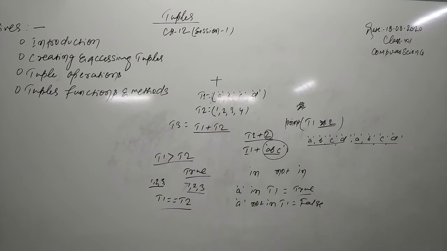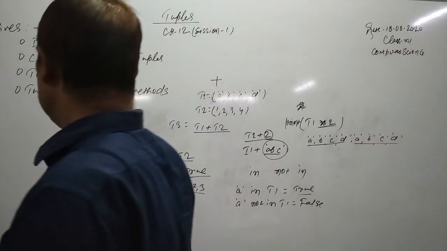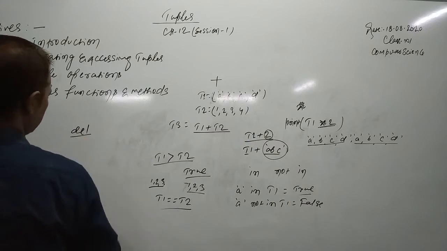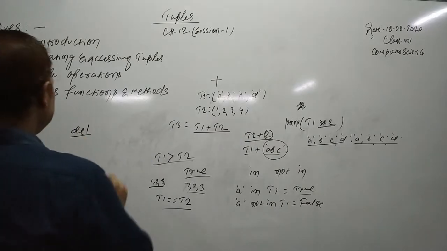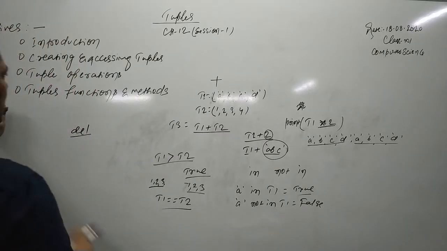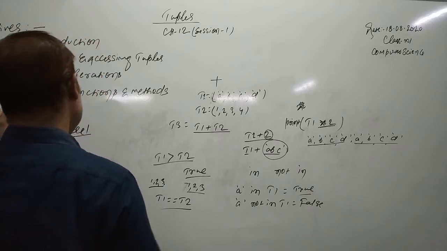Now deleting a tuple. You have to see deleting a tuple. Now there is a del method, as you have seen in the case of list also, del and then the list and the element you want to delete. But here you cannot use any element of the tuple.